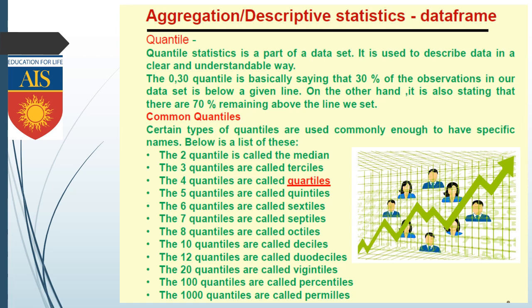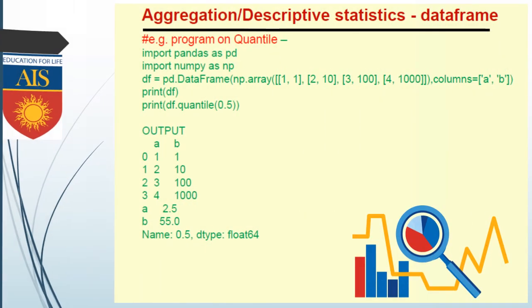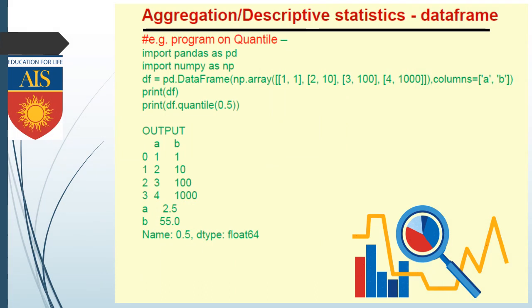The 2 quantile is called the median, 3 quantiles are called tertiles, 4 quantiles are called quartiles, 5 quantiles are called quintiles, 6 quantiles are called sextiles, 7 quantiles are called septiles, 8 quantiles are called octiles, 10 quantiles are called deciles, 12 quantiles are called duodeciles, 20 quantiles are called vigintiles, 100 quantiles are called percentiles, and 1000 quantiles are called permilles. These are the common quantile names.